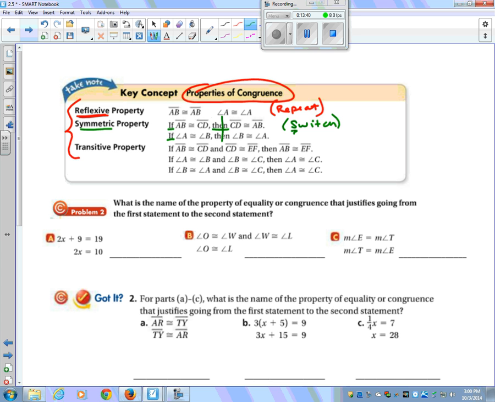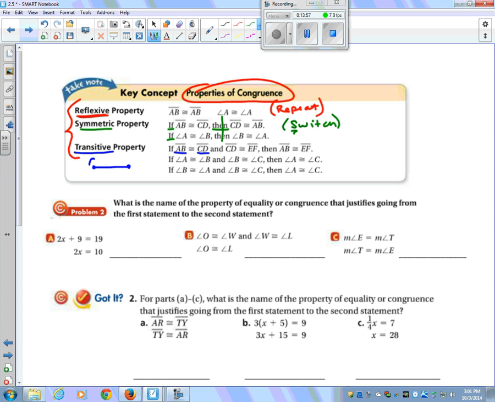Transitive property. Again, this is that transition. My height, my sister's height, her son's height. In this case, we're using congruence. If AB is congruent to CD, let's draw a picture.